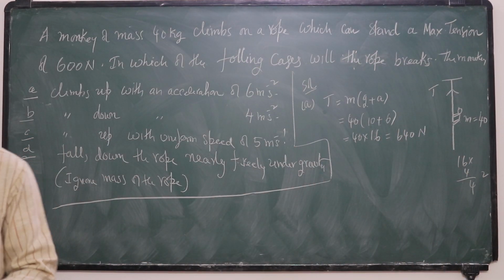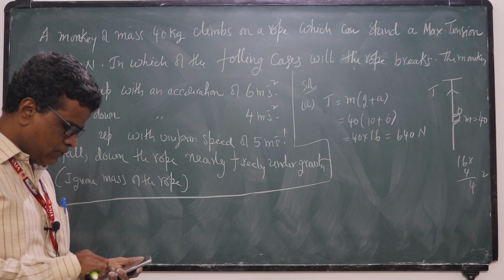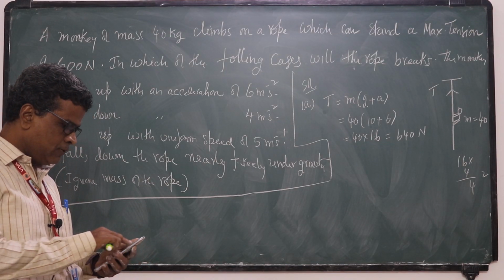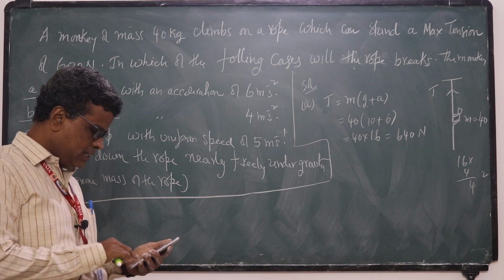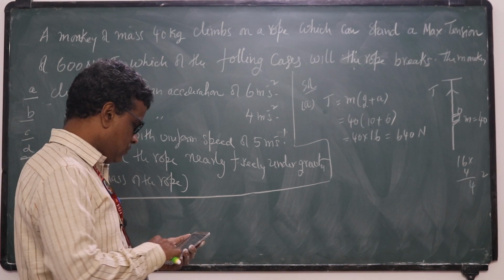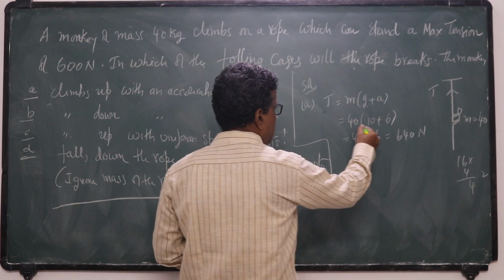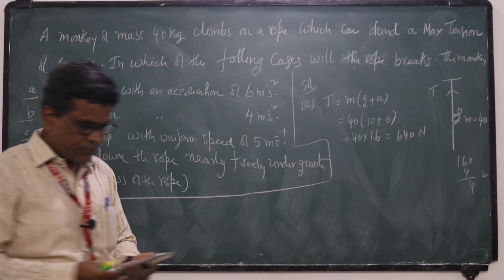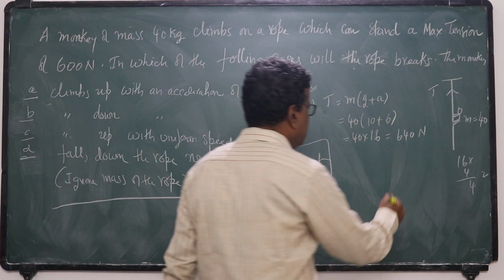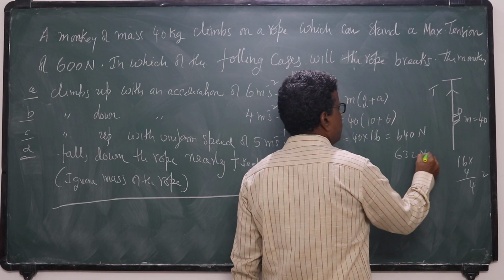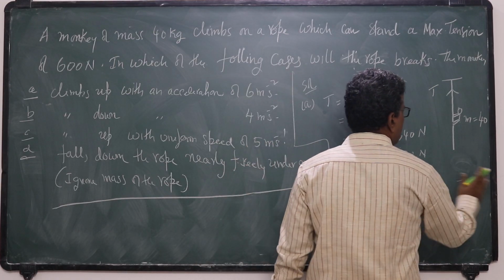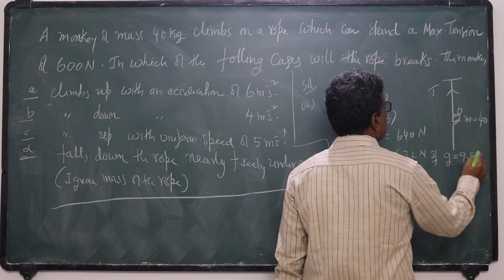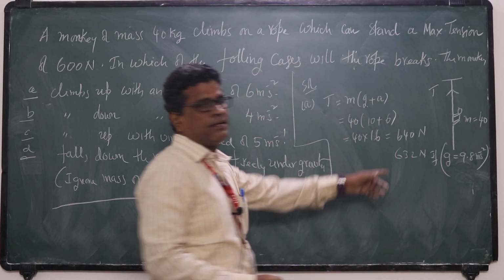If you use the exact value 9.8, then 9.8 plus 6 gives 15.8, and 15.8 into 40 gives 632 newtons. So 632 newtons, still greater than 600.